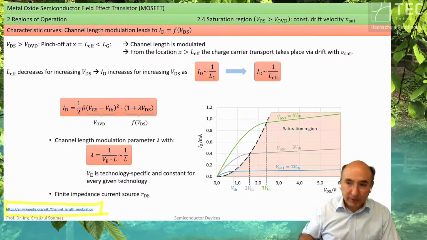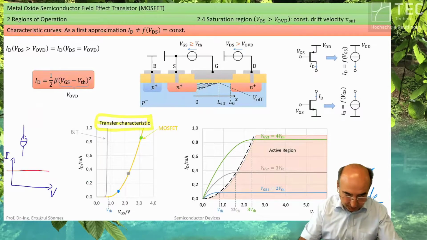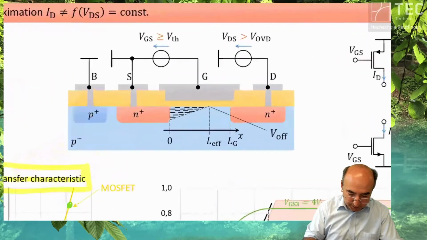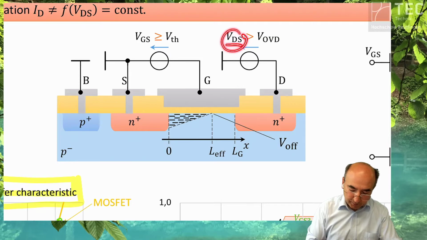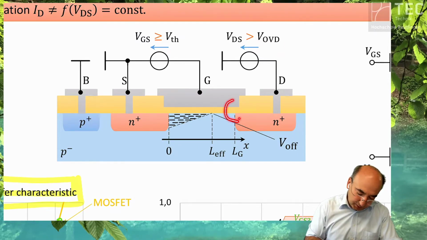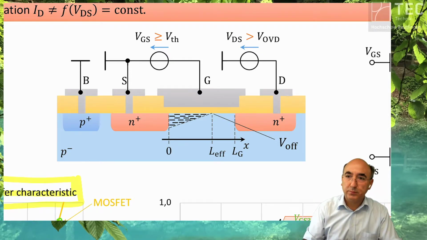The MOSFET. We have learned that the MOSFET has certain properties. The last property we learned was that if the voltage you apply to the drain is larger than the overdrive voltage, then the resulting potential between drain and gate is lower than the threshold voltage.